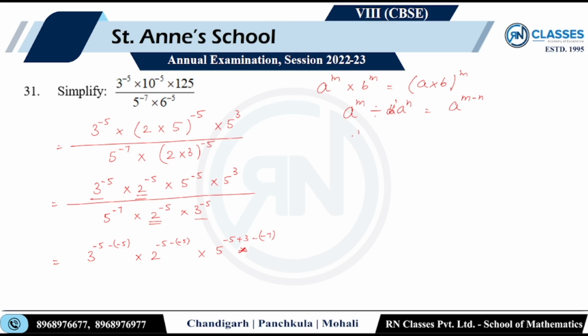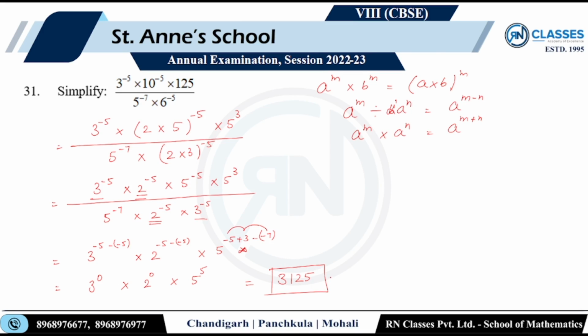I use this, a raised to the power m into a raised to the power n is equal to a raised to the power m plus n, use this as well, so यहाँ पे आ जाएगा 3 raised to the power 0 into 2 raised to the power 0 into 5 raised to the power 7 plus 3 10 हो जाएगा, minus 5 5 हो जाएगा, 5 raised to the power 5, so 5 raised to the power 5 is 3125, quite straightforward.